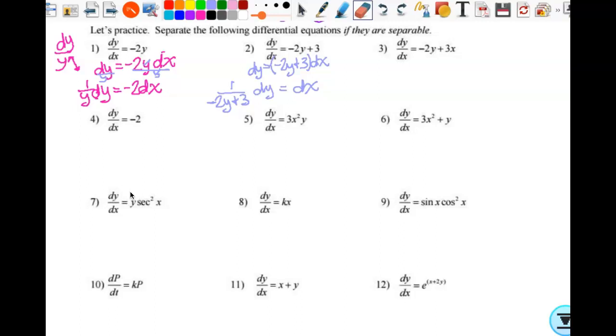Okay, so a correct answer could have been 1 over negative 2y dy equals dx. That's not wrong for this one. It's just that if we can leave it, we leave it. If you didn't, that's fine, because when we then go forward to do other things, we would take care of it. But basically, we don't move it if we don't have to, because we're going to have to end up putting it back. Okay, you with me on that?